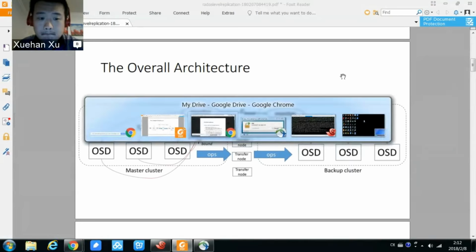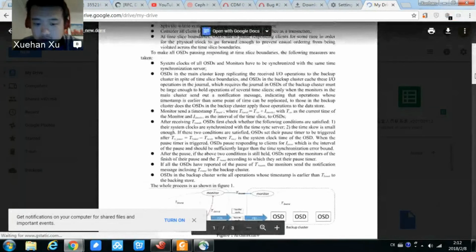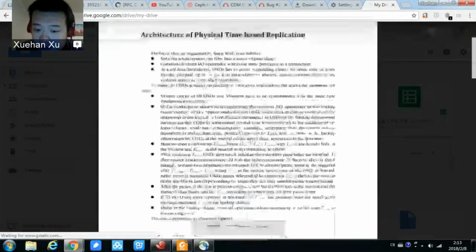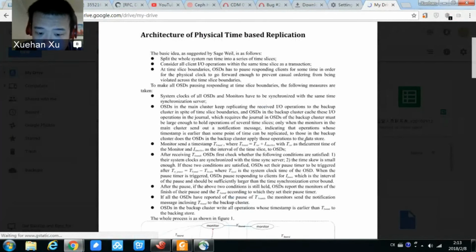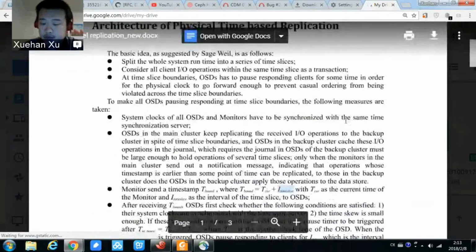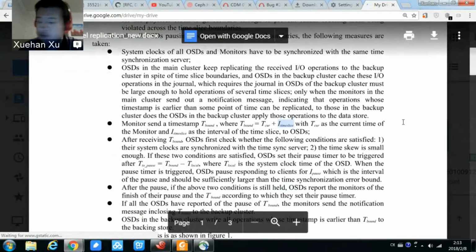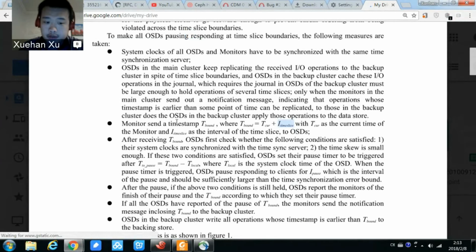Right. First, we have to specify a time slice, or a snapshot duration, and the monitor sets the time bound according to its current system time plus the snapshot duration.